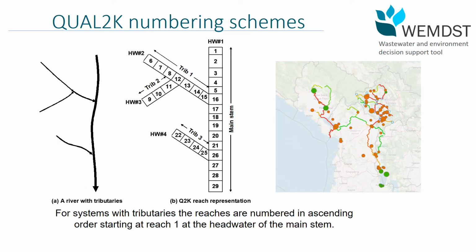This is an example. Then further on, how the segmentation and the numbering schemes are developed from the point of view of the main stream and tributaries, and similar segmentation was further developed for each and every river in the Drin River Basin, rivers and their tributaries, as shown here.